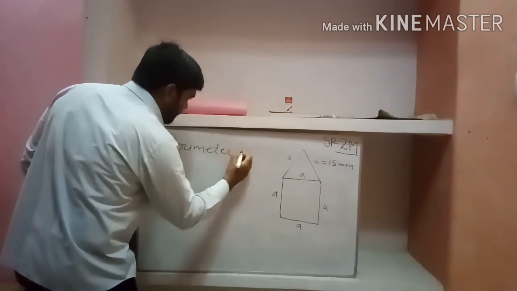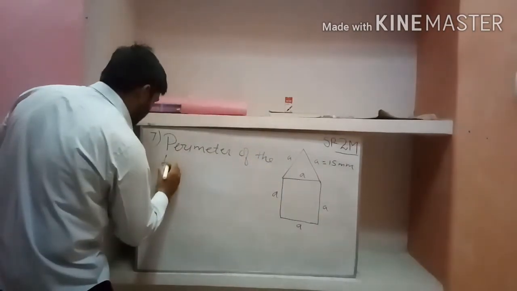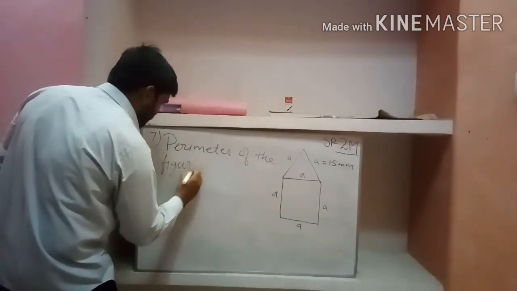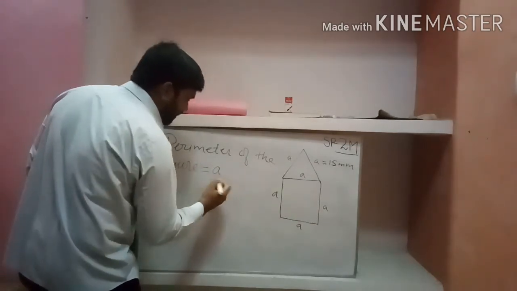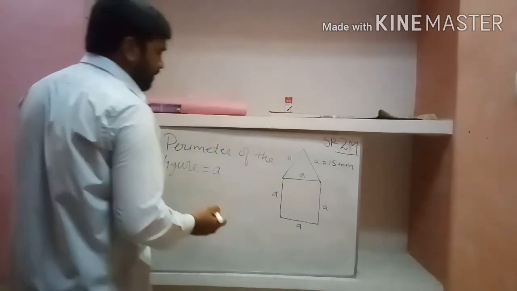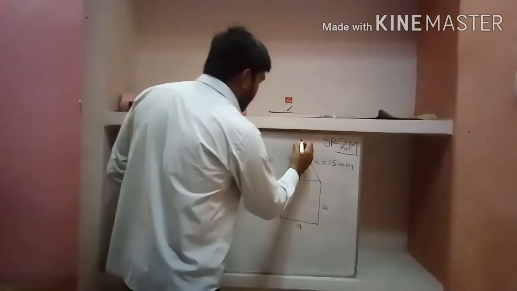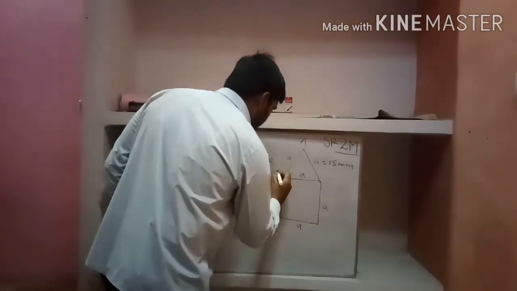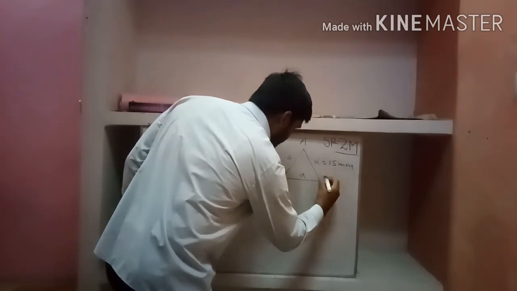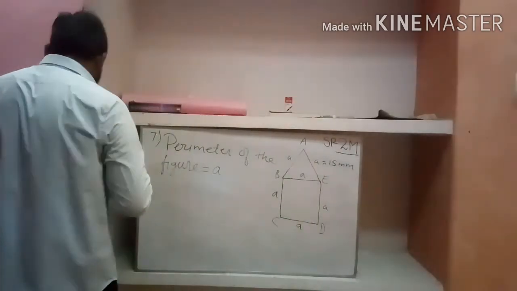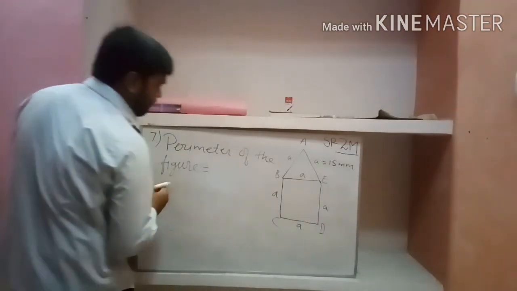Now the perimeter of the figure is equal to, what do you write? A. If you want to give the numbers, that you can also do. You can do the labeling also. A, B, C, D, E. Okay. So we can also write it in terms of sides.